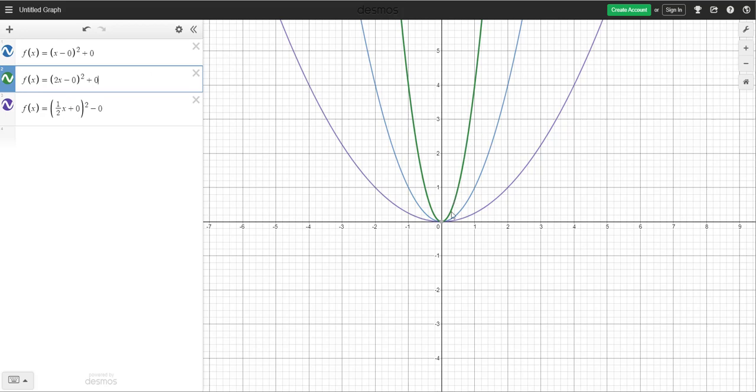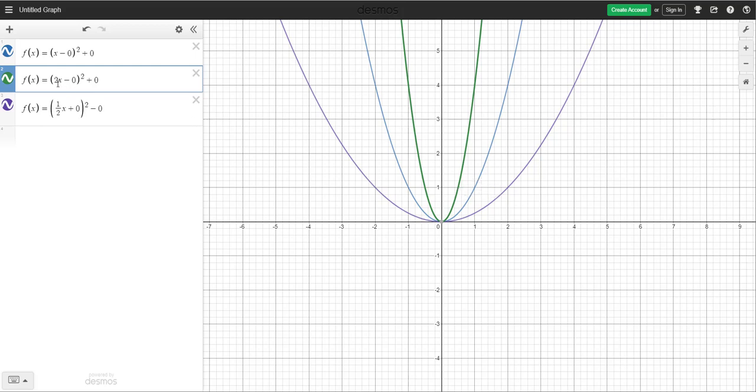Our parent function originally was over 1 and up 1. We do have a point at 1 right here. But what ended up changing was, instead of going to the right 1, which is our x value, we went to the right by 0.5. And 0.5 is half of 1.